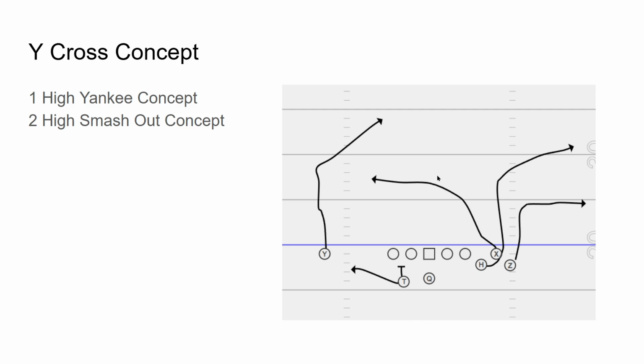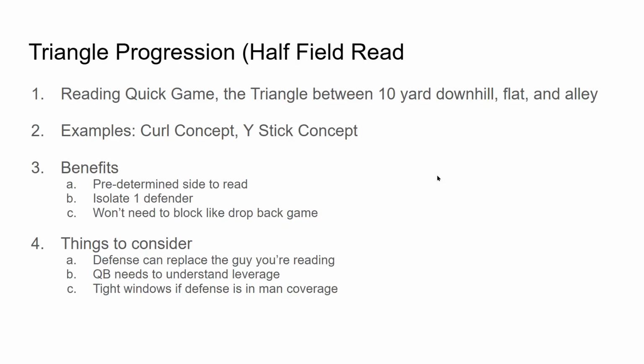So, all right, here is the next one. I forgot the parentheses at the top, but it's basically the triangle progression. This is almost kind of like thinking one half side, and you're basically isolating one or two people. So this is what most people treat as quick game.